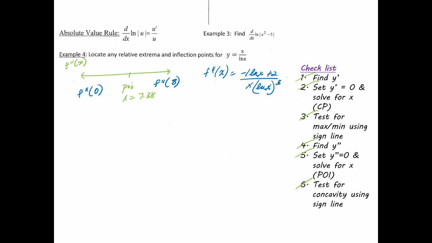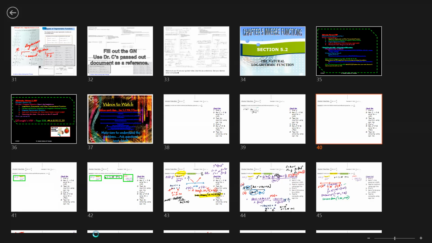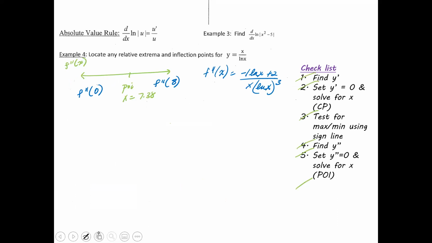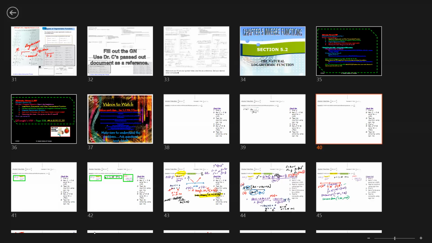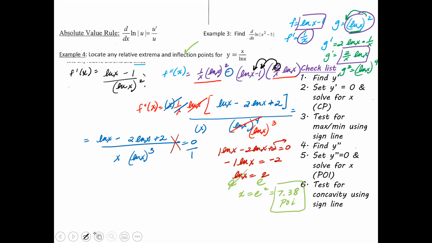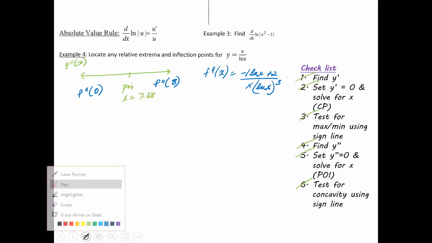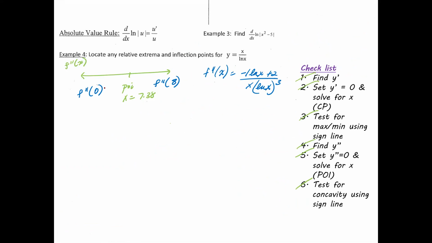Let's go and write this down. Okay, so we're going to plug in the 0 and the 8 into this formula. And then from there, you're going to find out that this part here is going to give you a positive and the 8 is going to give you a negative.